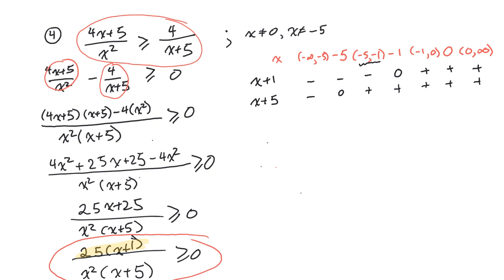So now we'll punch in x squared. x squared is 0 here. But then it's positive here, positive here, positive here, positive, positive, and positive.